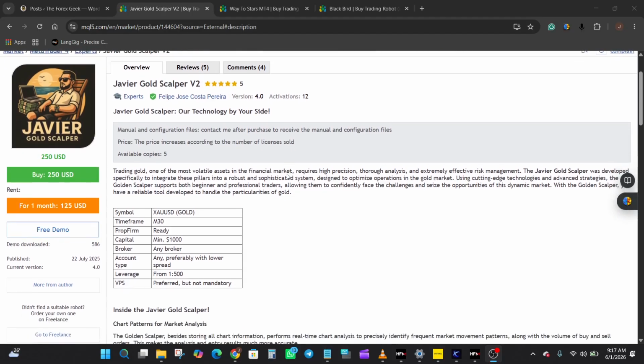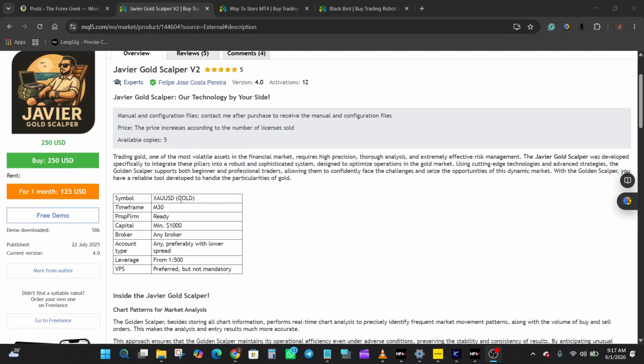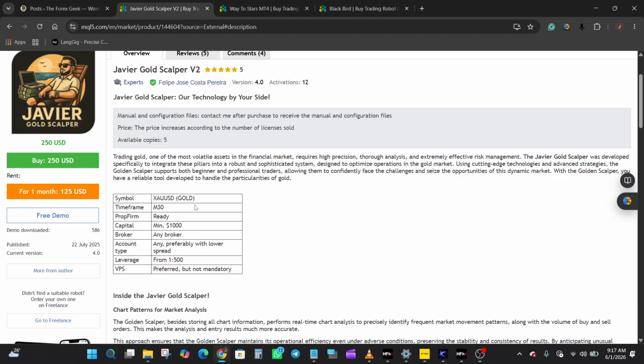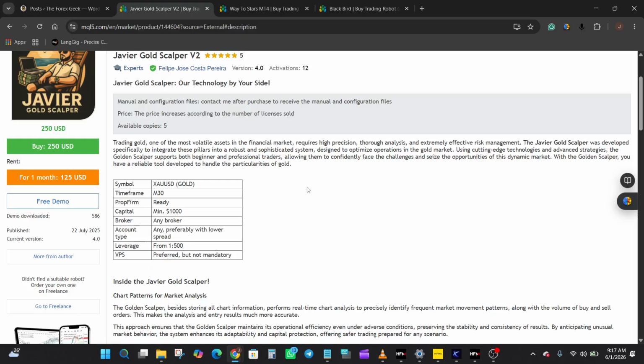Right away, it is clear that this EA is focused specifically on the gold market. The recommended symbol is XAUUSD and the suggested time frame is M30. The developer also states that it can be used with any broker and any account type, although lower spreads are preferred.